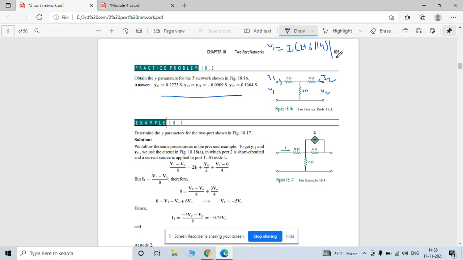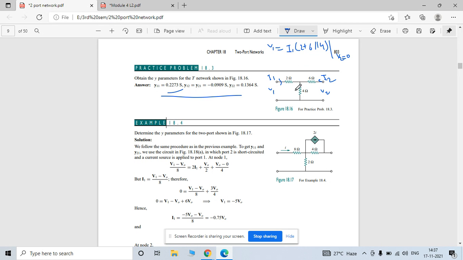Something like this will be there at V2 equal to 0, on short circuit. Once V2 is 0, I2 is also 0, because if V2 is not there, I2 will not be generated, so the whole current is I1. Then take the ratio of this, you will get this value.